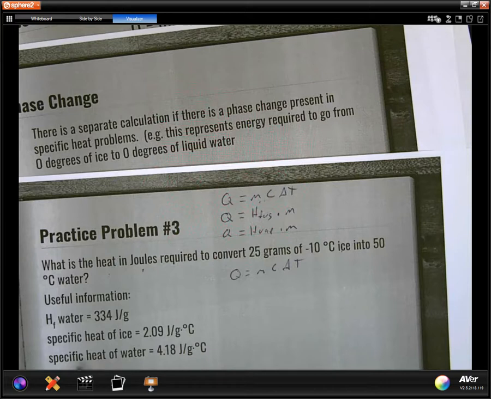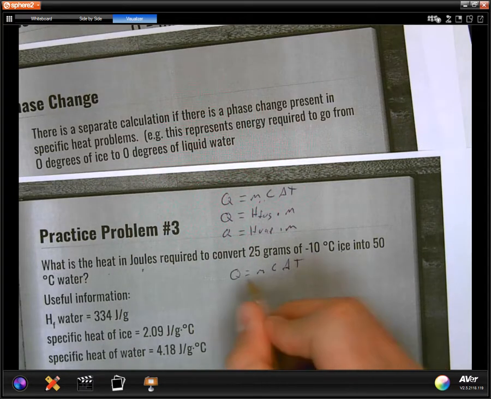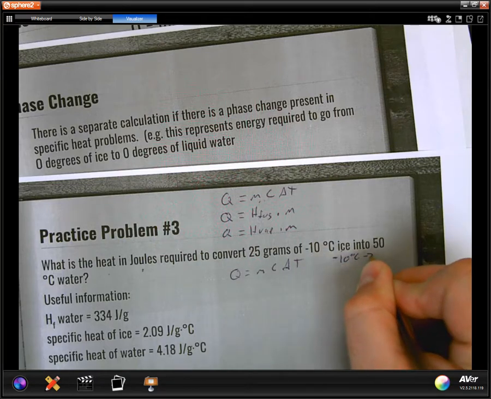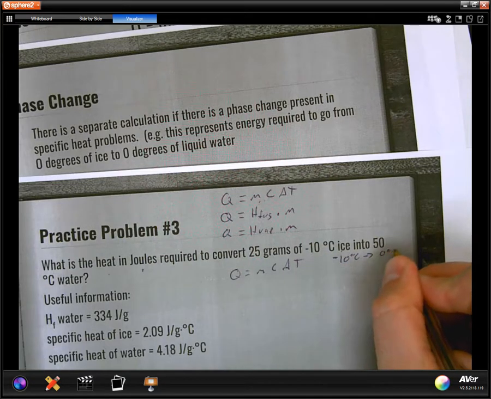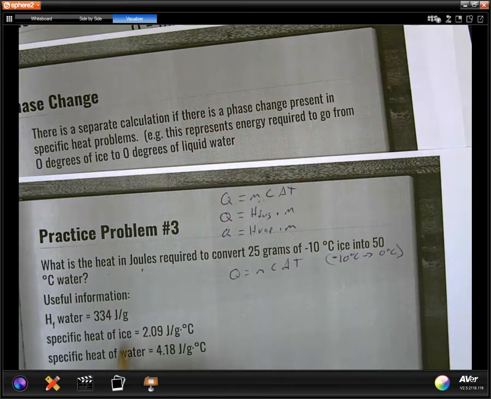But once ice turns into water, the specific heat goes up in value. So therefore, this is why you're going to see us needing three equations. The first equation we're going to use is this part right here, going from negative 10 degrees Celsius to 0 degrees Celsius, because that's when water is still in ice form, and I have to use this constant.